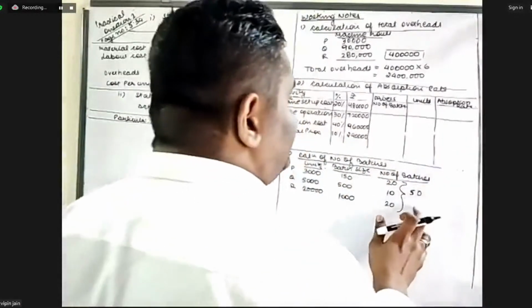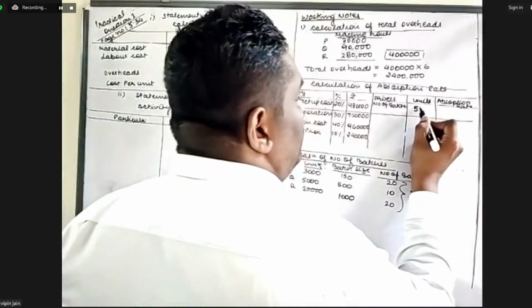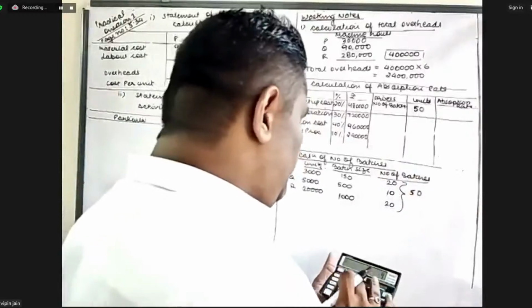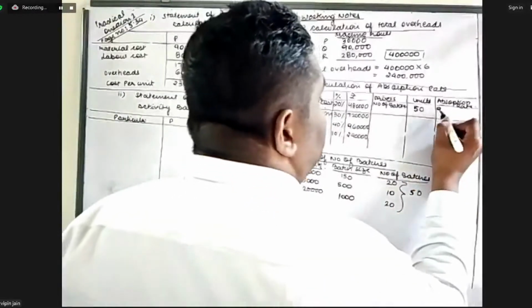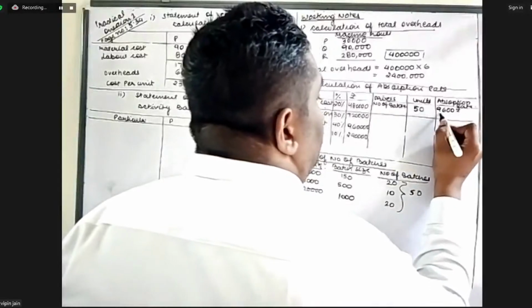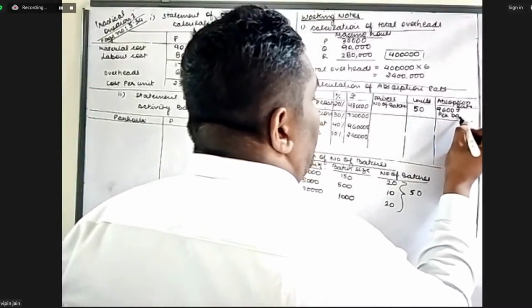So we can easily calculate the absorption rate. That is 4,80,000 divided by 50. So it is 9,600 rupees per batch.